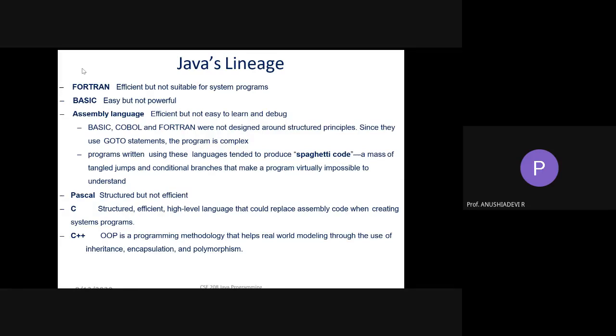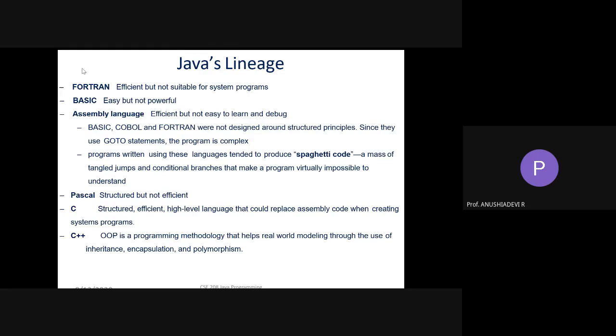The next structured language is Pascal. It is a structured language, but it is not efficient. BASIC, COBOL, and Fortran are not structured programming languages, but Pascal is a structured programming language, though it is not efficient. Next, the high-level language C was introduced, which is a structured programming language. It replaced assembly code when creating system programs.